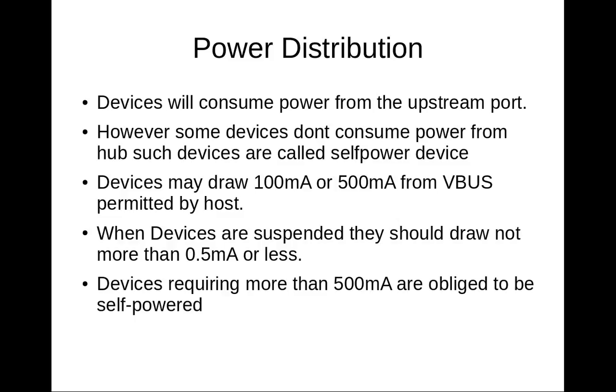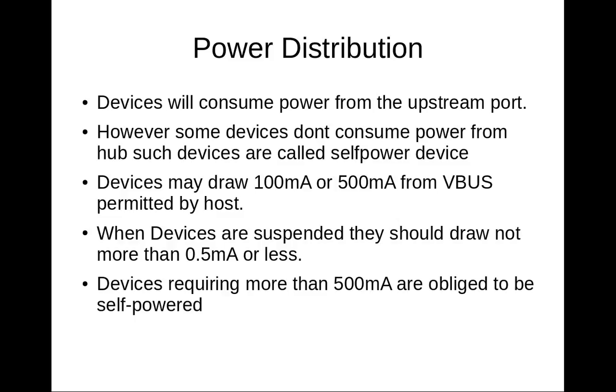As of now, just remember that a device can draw 100 milliamperes or 500 milliamperes from VBus. For low speed devices, initially it takes 100 milliamperes of current, but some hungry vampires, fat vampires, need more blood, so they take 500 milliamperes.